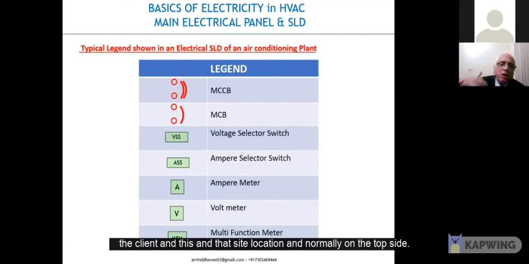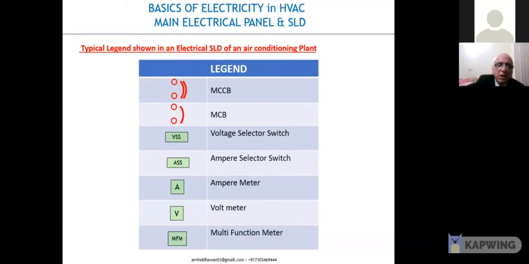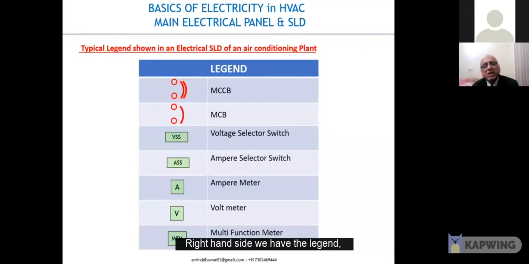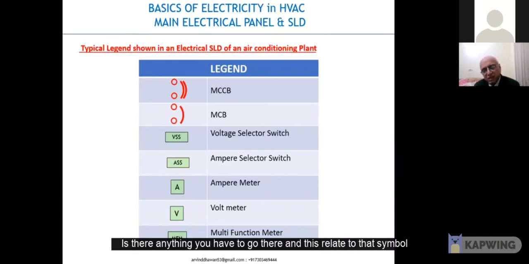And normally on the top side, on the right-hand side, we have the legend. What the symbols mean in that particular drawing. So you need not mug it up or memorize it. It's there. The only thing you have to do is go there and understand, okay, this means this, and then you can relate to that symbol in the drawing.